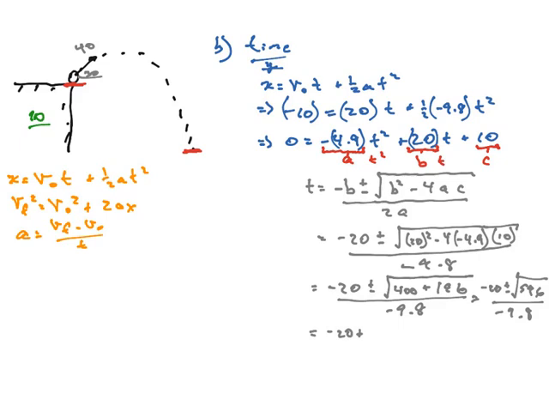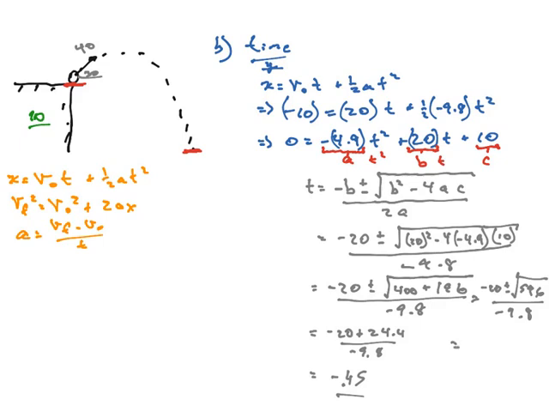The square root of 596 is 24.4, divided by negative 9.8. So that number minus 20 over negative 9.8 gives me an answer of negative 0.45. Okay, so there's one answer.